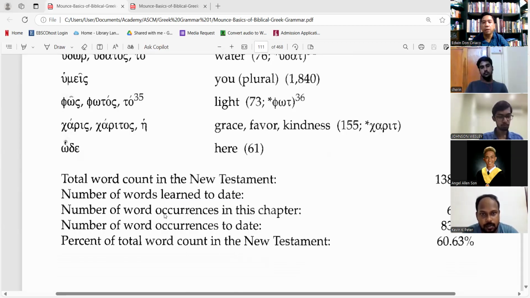Remember the upsilon in humeis, it's second person plural. And still with another third declension neuter, phos and then photos, it's light. And then charis, charitos, feminine in form, grace, favor, kindness. And then hode, meaning here.